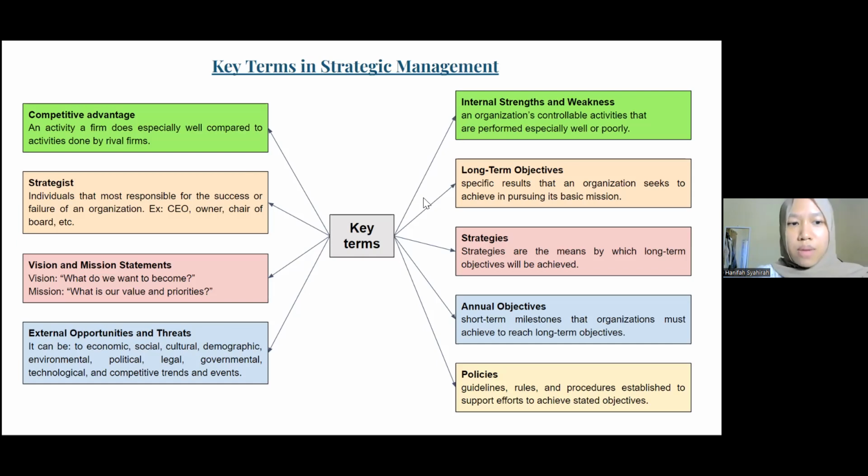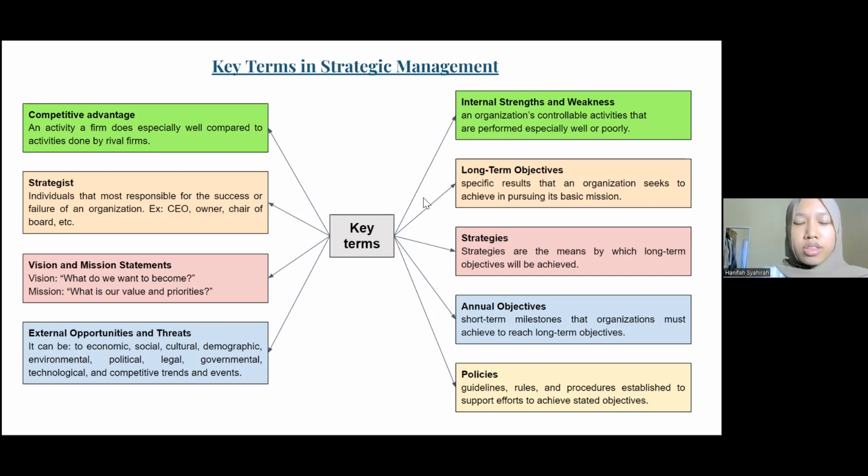The second is strategists. Strategists are the people who make the strategy, and they are responsible for the success or failure of the organization. Sometimes the strategist is someone in top-level management or the top hierarchy. It can be the chief executive, the CEO, the owner, or the chair of the board.